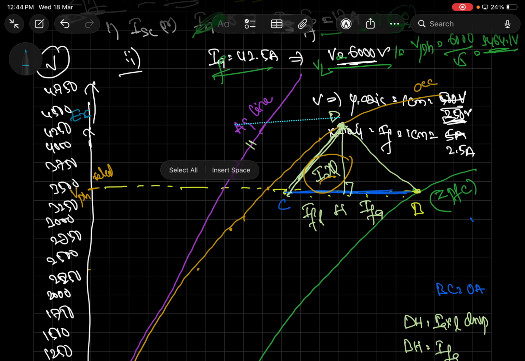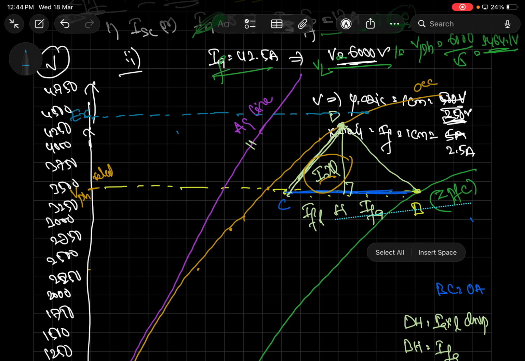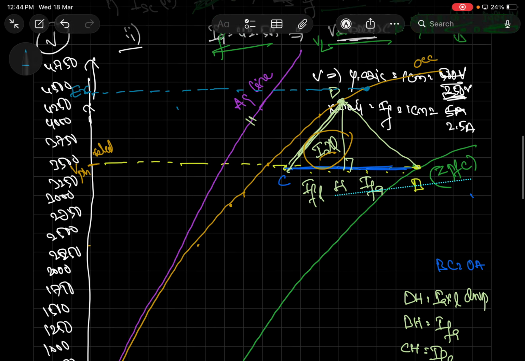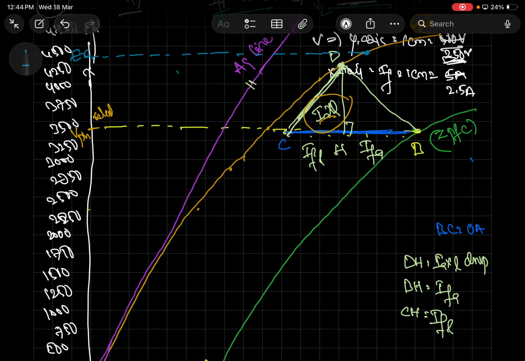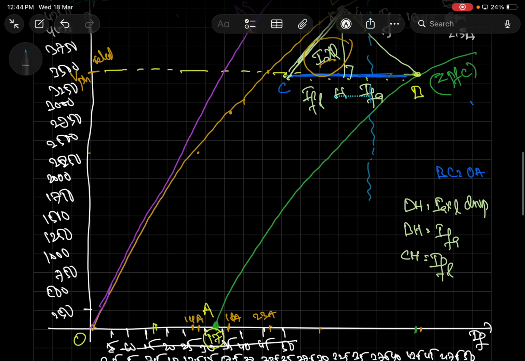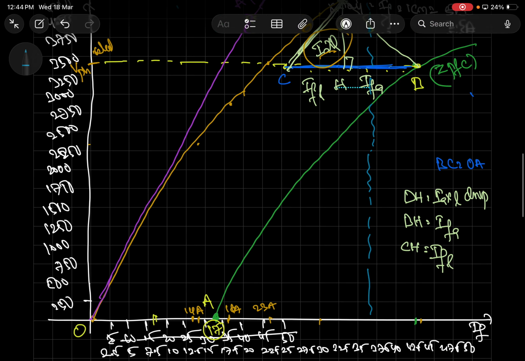Draw a dotted horizontal line onto the OCC such that it intersects. From the intersection point, draw a dotted vertical line onto IF.